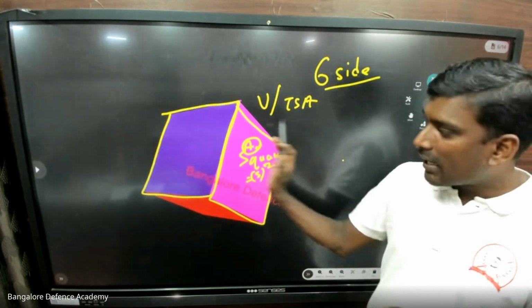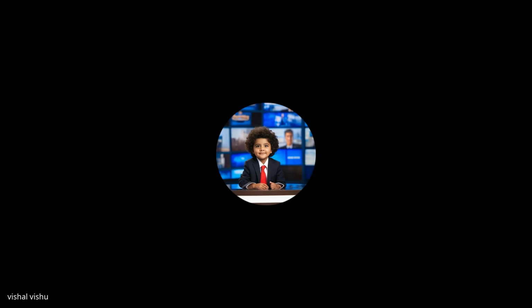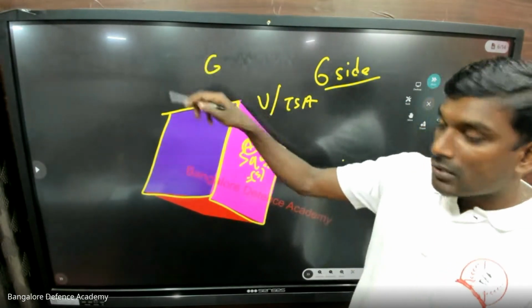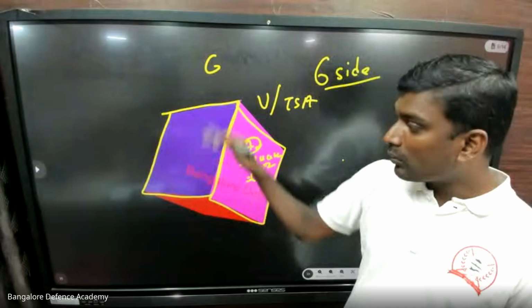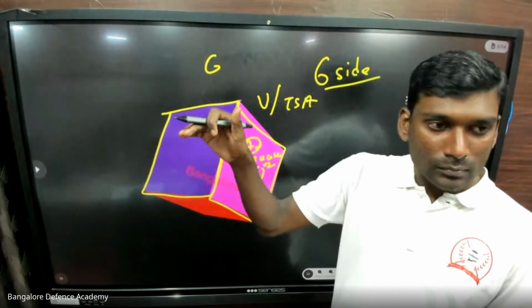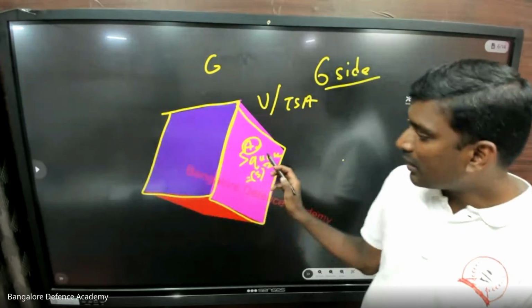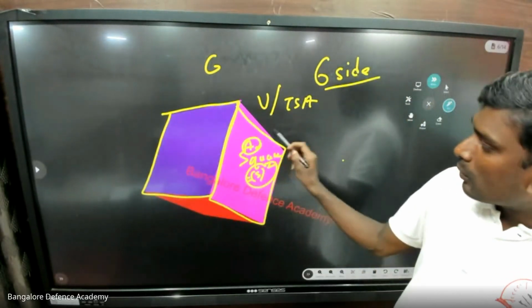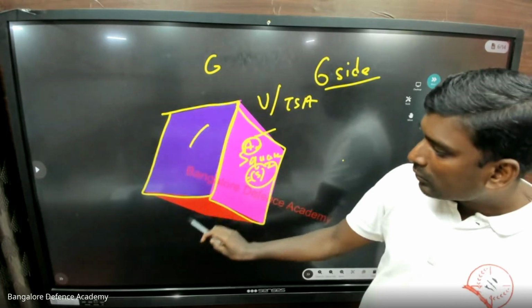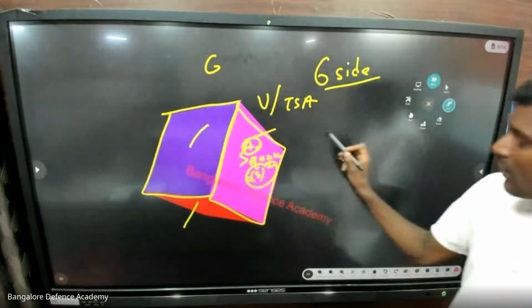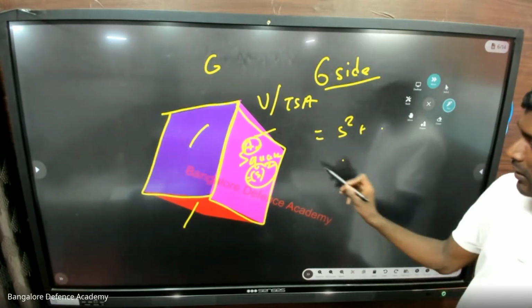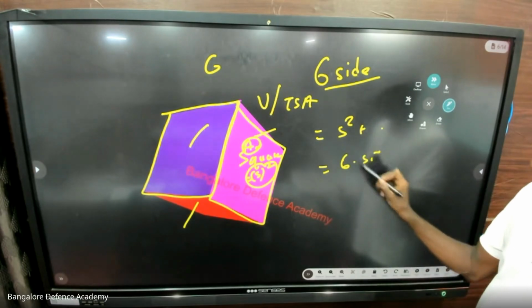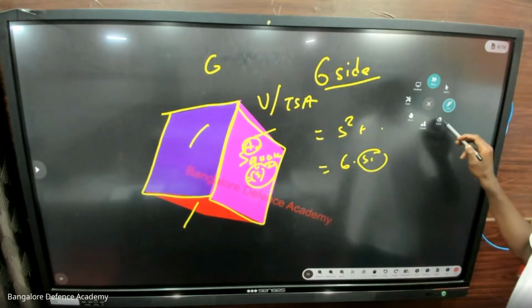Suppose we have 6 sides and I want to paint all 6 sides. So how much total area? How many times will you add this side square? One side square, 2, 3, then total. How many sides do you have? 6. So can I say 6 into side square?